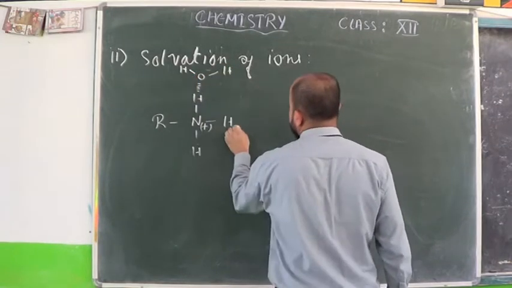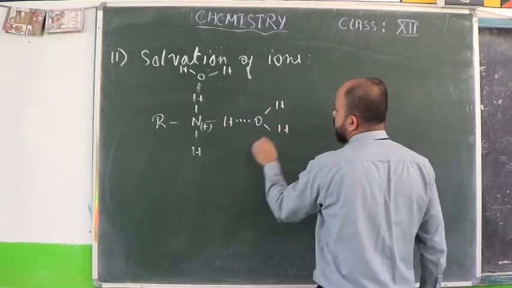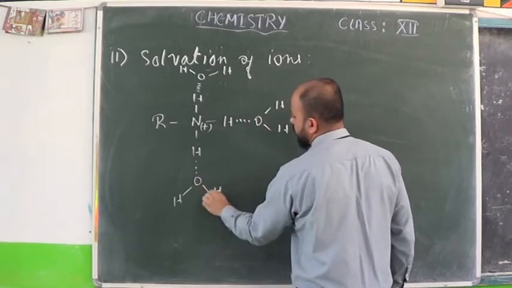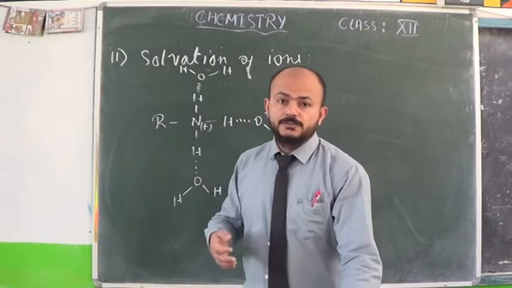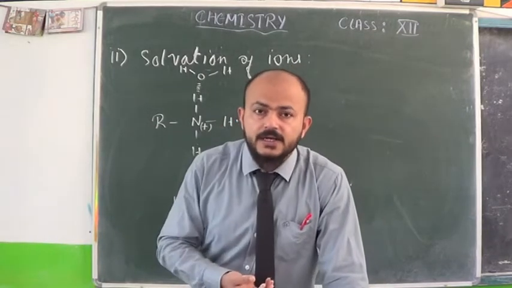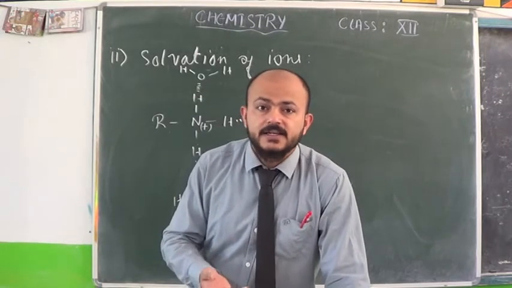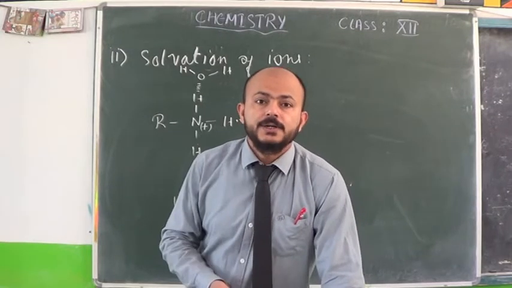There are 3 hydrogens, so you will be having 3 hydrogen bonds. Okay, now whenever we consider solvation of ion, we come to know about hydration energy. The more the energy released, the more will be the stability, and hence that particular amine will be more basic.